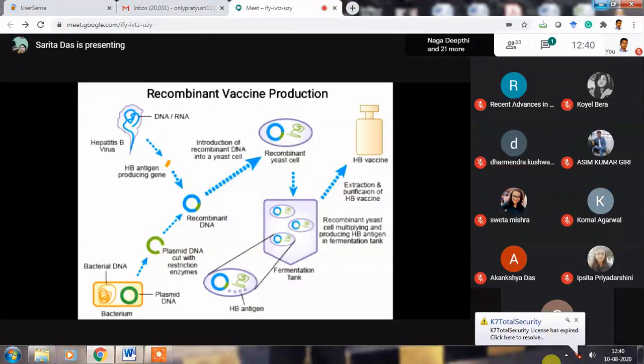This is because when we want to express certain eukaryotic proteins, which may have introns or need post-transcriptional or post-translational modifications to reach the functional state, that is not possible in prokaryotic cells since they don't have the facility. That's why we can also use eukaryotic cells like yeast, insect or mammalian cells.